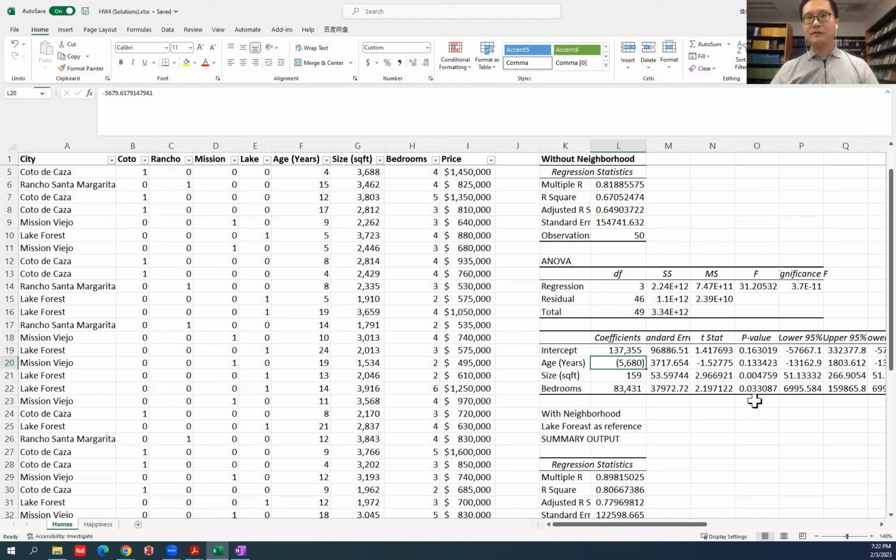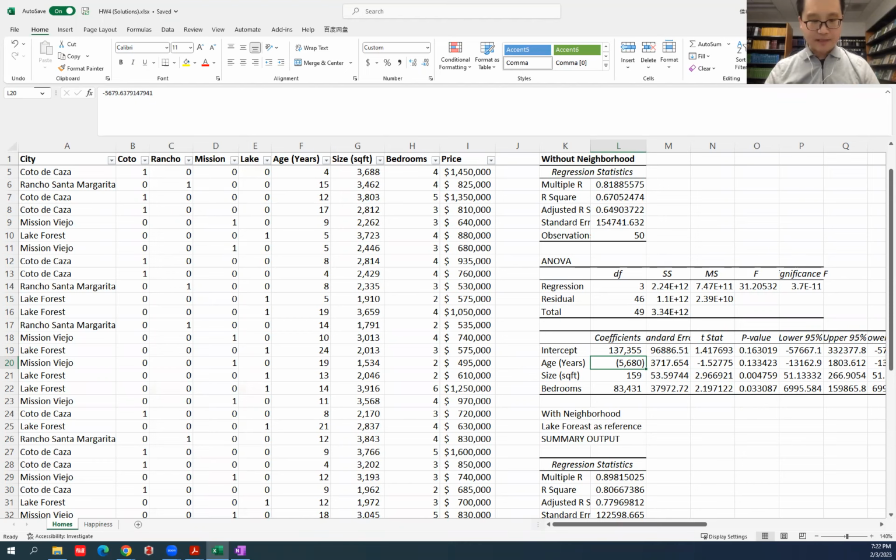Oh, very good one. However, it's very important to add another term saying that by holding other predictors at a constant value. By that, it means when we are interpreting the effect of house age, we do need to do something about the house size and the number of bedrooms.